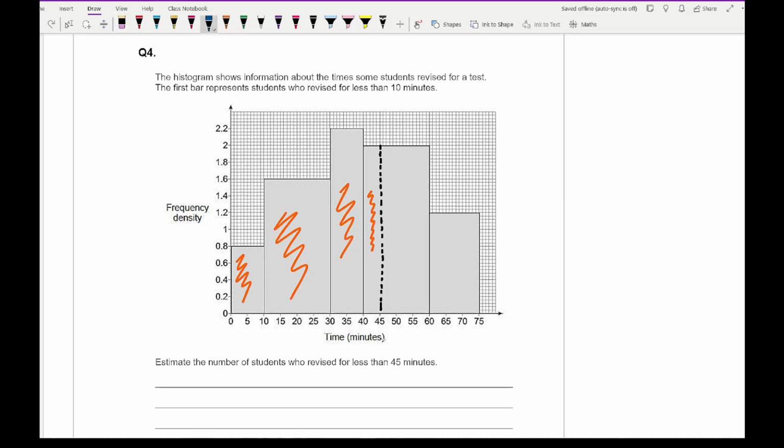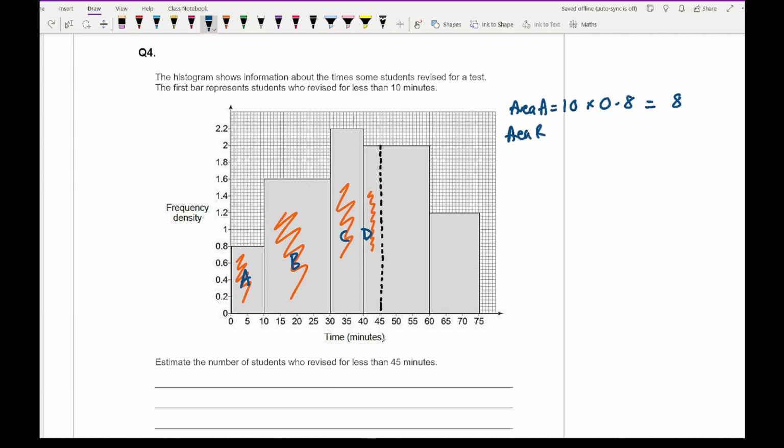So if I start by just labeling them A, B, C, and D. Now we recognize that all of them are rectangles. So if we look at the area of A, well, that's got a base of 10 and a height of 0.8. So that's going to be 10 times 0.8, which is 8.